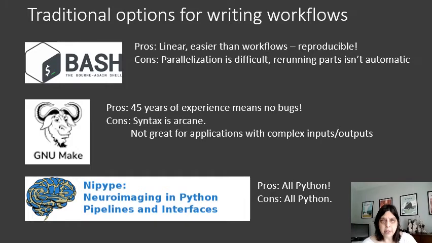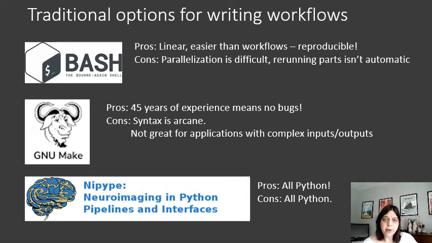So let's take as the basic entry point, writing workflows in Bash or your favorite scripting language. The pros of that are that it is a linear approach. You have one step after the other. This is easier than writing workflows where you express complex dependencies and parallelism. And it's reproducible. At least you know what you've run and what steps have been executed.